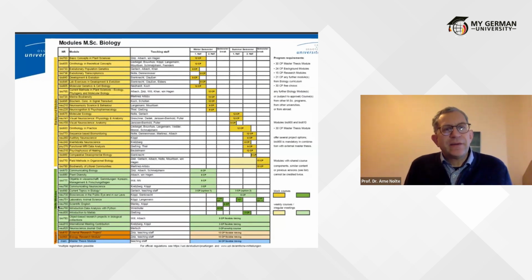Here you see a screenshot of the modules that are part of the Master of Science in Biology. I cannot go into these in all depth, but you see there's a wide range of modules, and they are arranged in different halves of the semesters that are seen here as the different columns in this table.